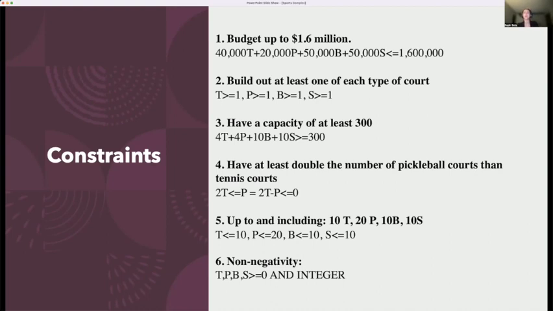And then the last and final constraint is non-negativity, because we can't have negative courts built. That's pretty obvious. But more importantly is the integer constraint. We don't want the model to tell us to build 0.5674 pieces of a court, right? We want whole courts. And so that's very important too.